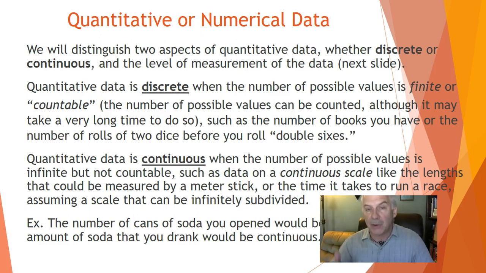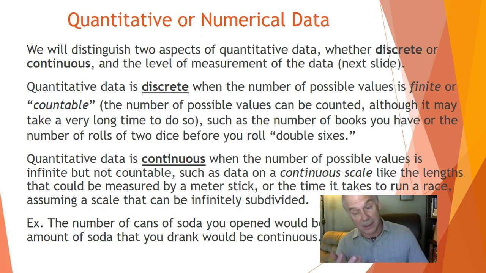So here's an example: the number of books you have. That might take a long time to count if you have a lot of books, but you could count them. Or the number of rolls of two dice. You've got two dice in your hands and you're rolling them, and you're going to see how many rolls it takes before you get double sixes.